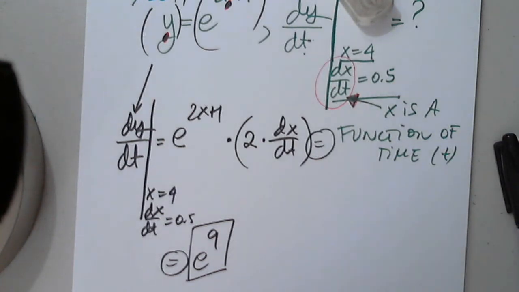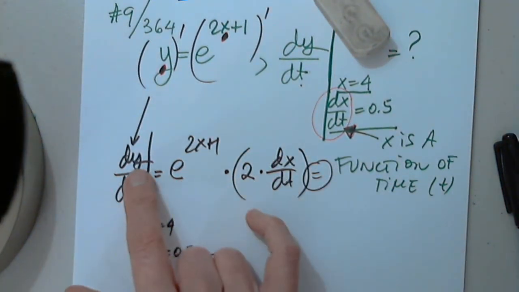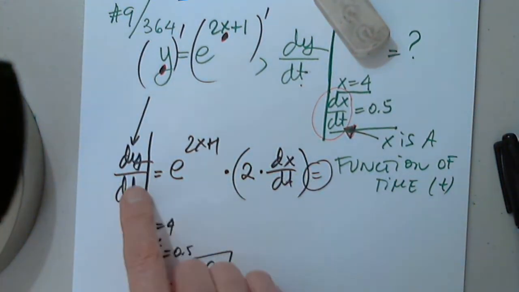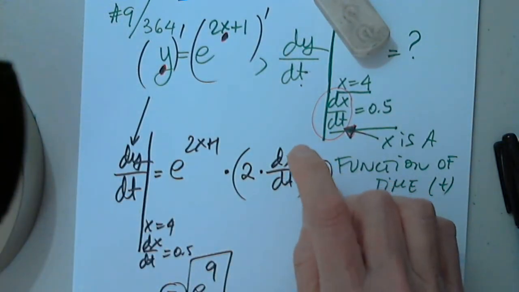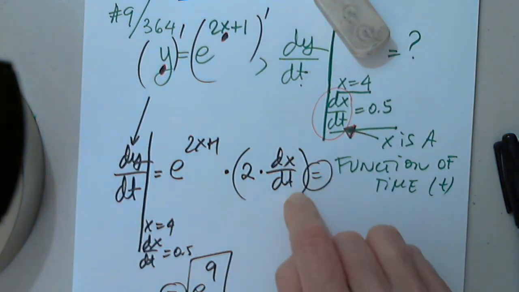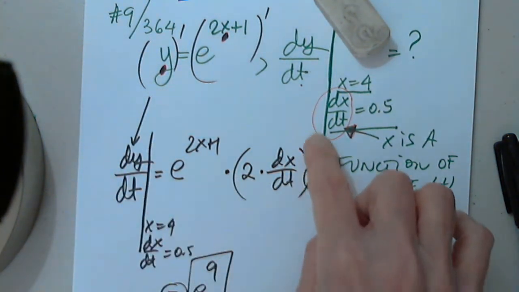Any questions on this problem? Okay, so there are two rates: the rate of change of y with respect to t, and the rate of change of x with respect to t, and they are related. How come? They are related by this equation.